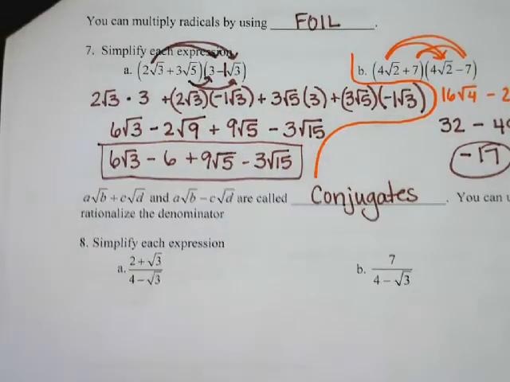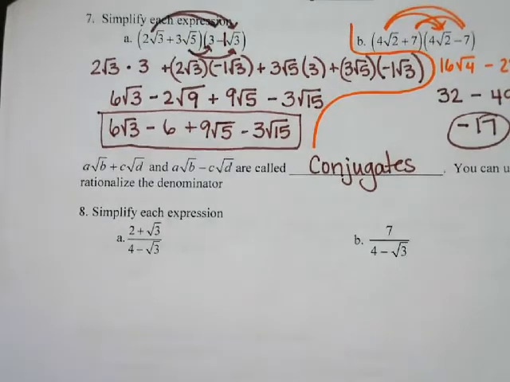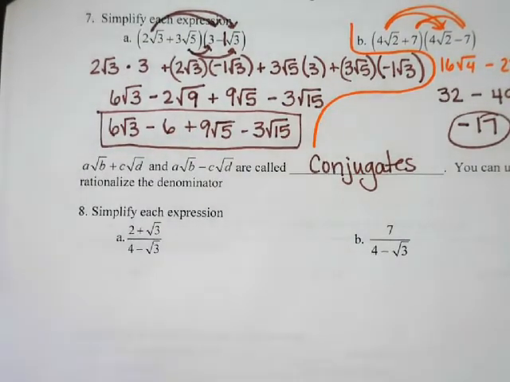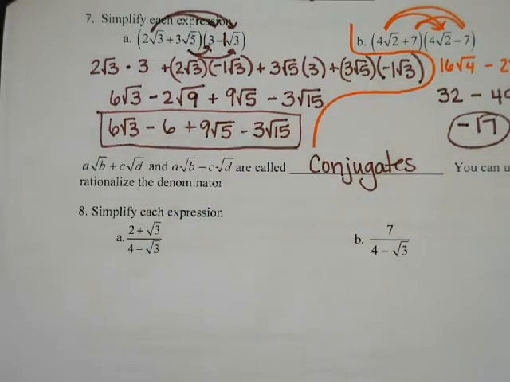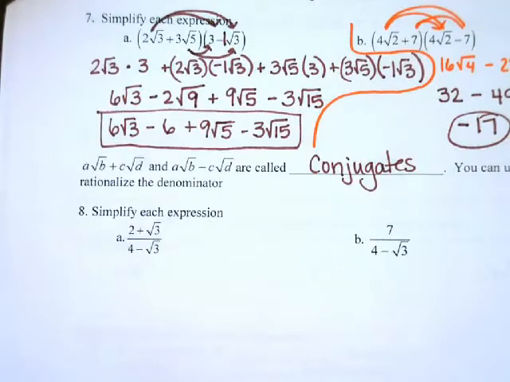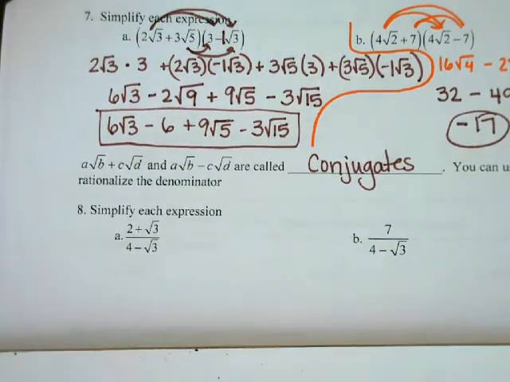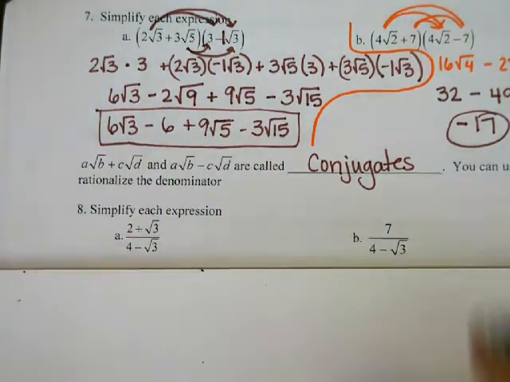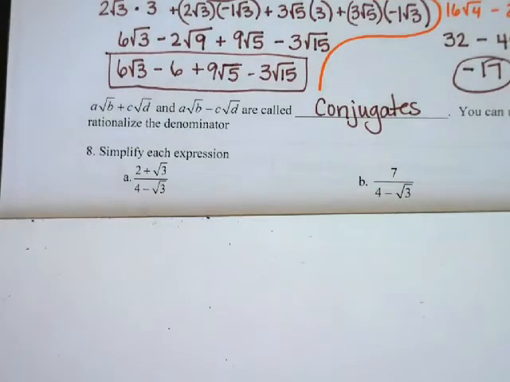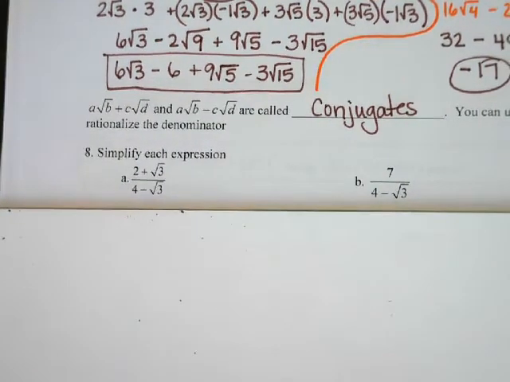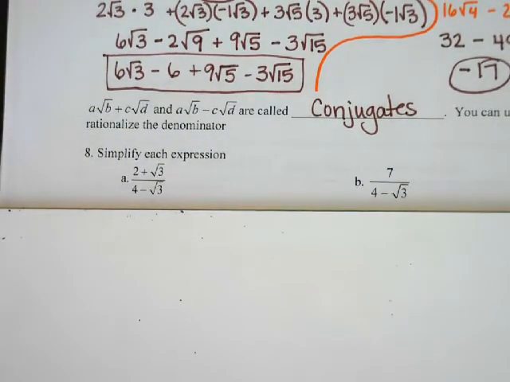Okay, so look at number 8. And I want to show you something before I actually do it. If you look at number 8, the cool thing about when we multiply conjugates together is we'll always end up with a number.